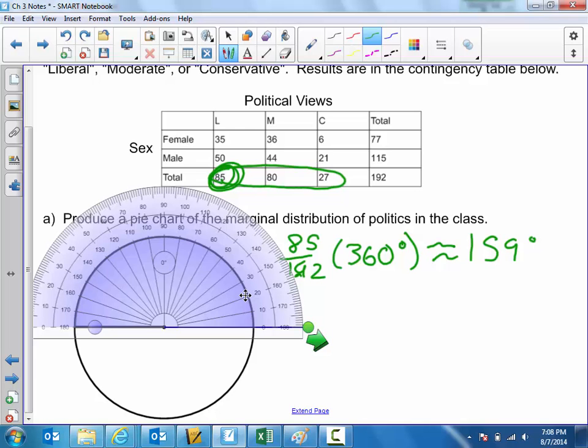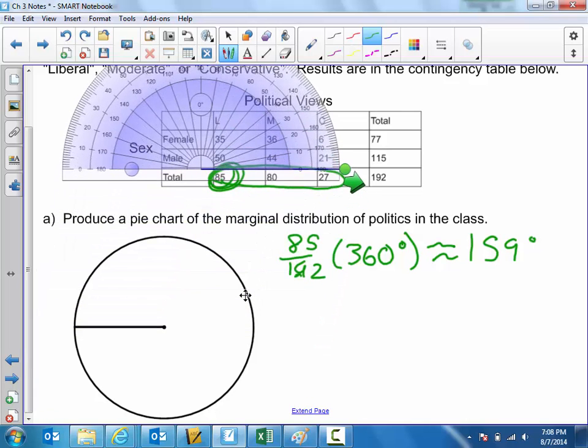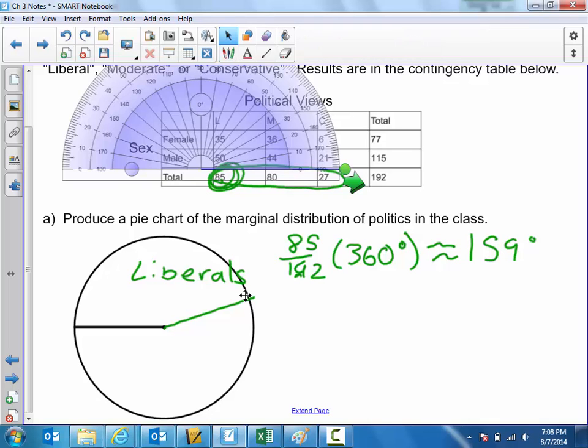Well, okay, we can do it this way. 159 degrees, starting on the left in the outer scale going out, will be right about there. So we're going to kind of roughen it here. That's okay. Geez, that doesn't look right, but okay, whatever. We've got liberals here occupying 159 degrees of the pie.